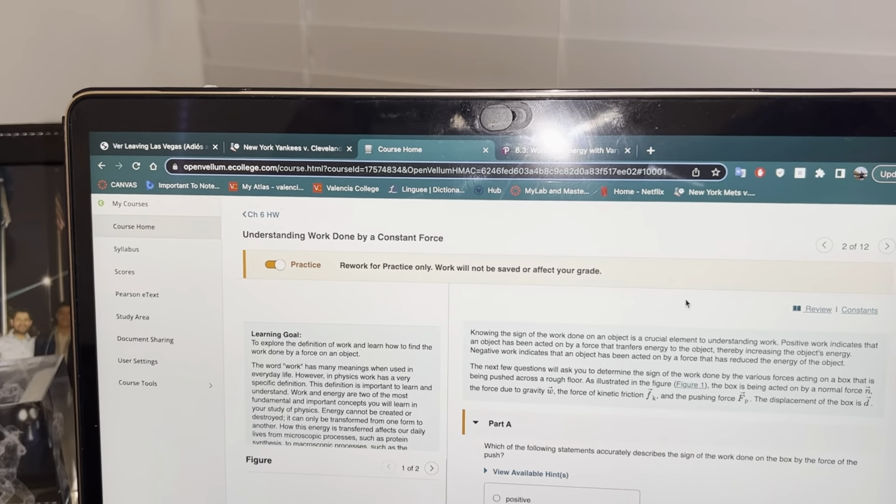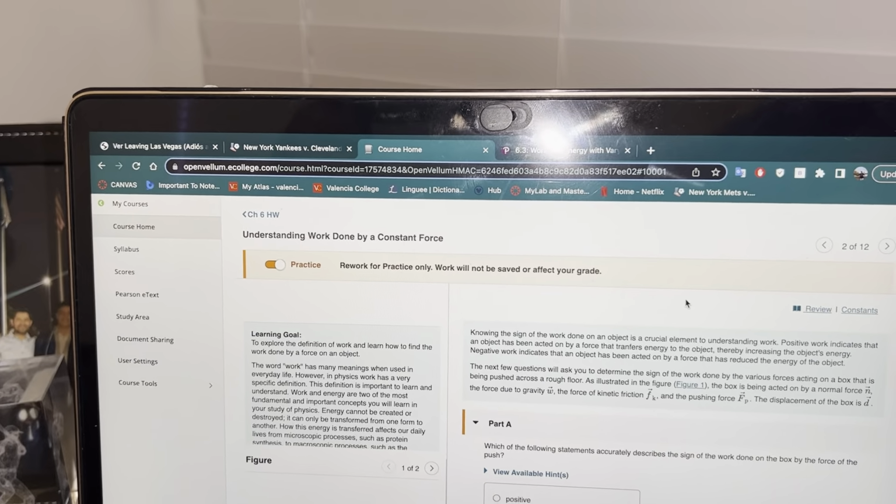So in this case, since we see that this force is going to the right, and the object itself moves from the left to the right, as we can see here, we may say that there is no angle, so theta is 0, so the cosine should be positive 1.